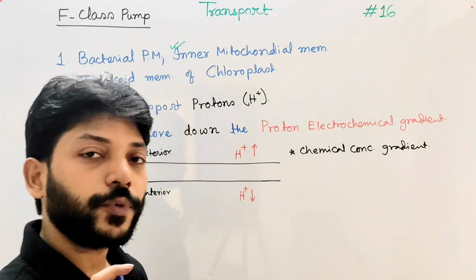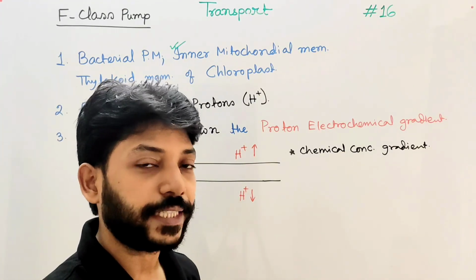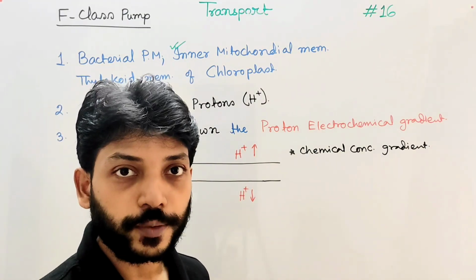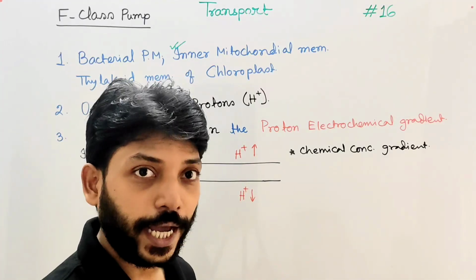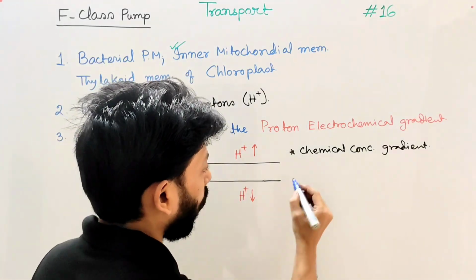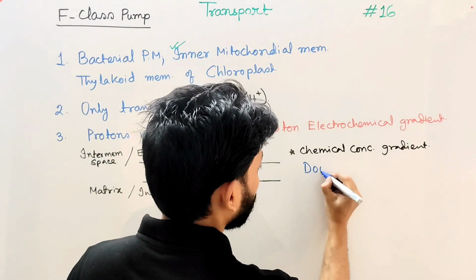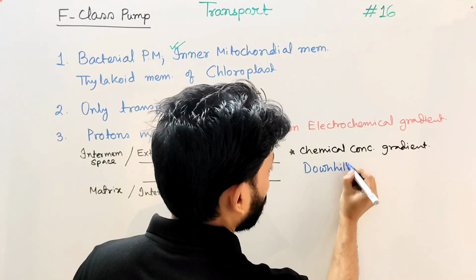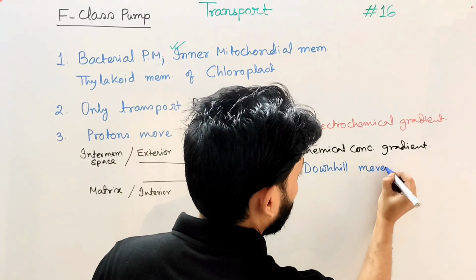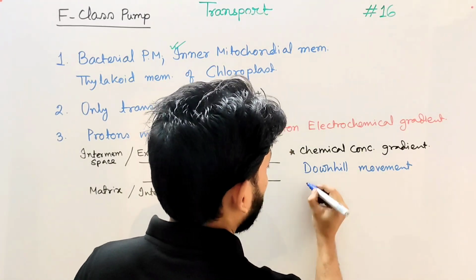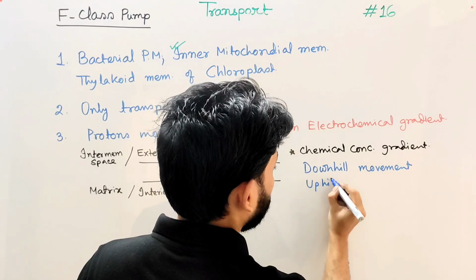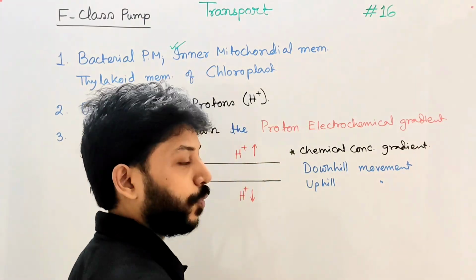Basically in all my transport videos I have mentioned there are two different movements by molecules or ions during transport. One is called downhill movement, and another is called uphill movement. This is very important.